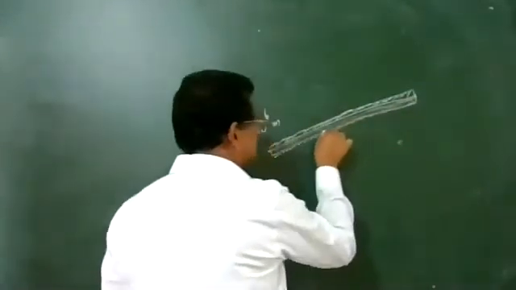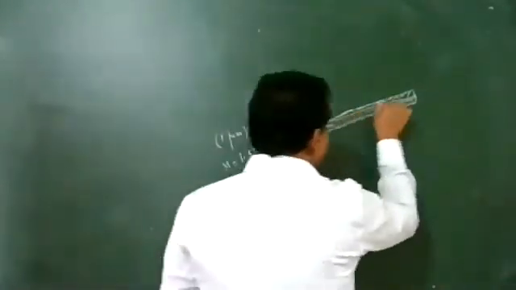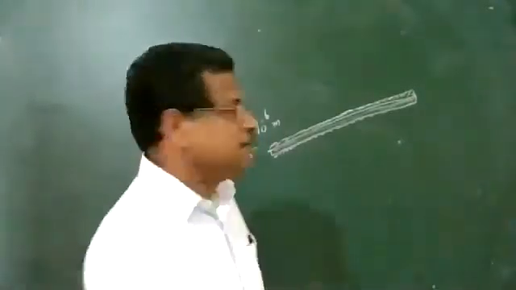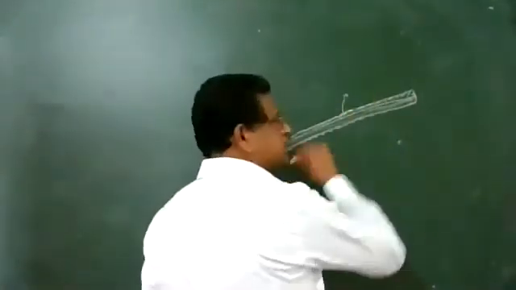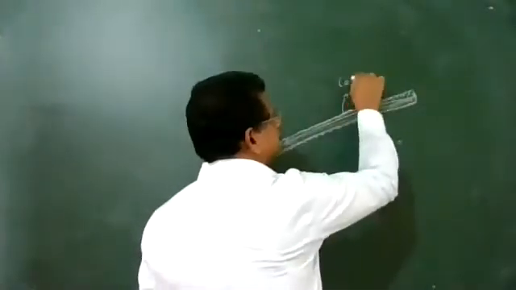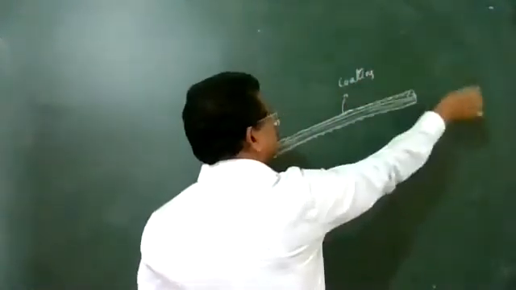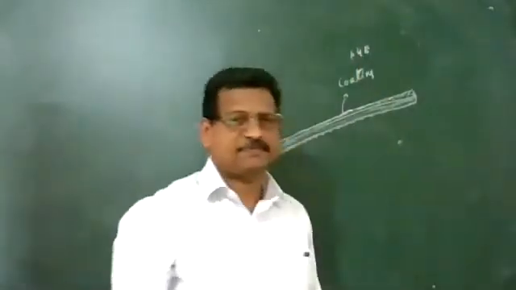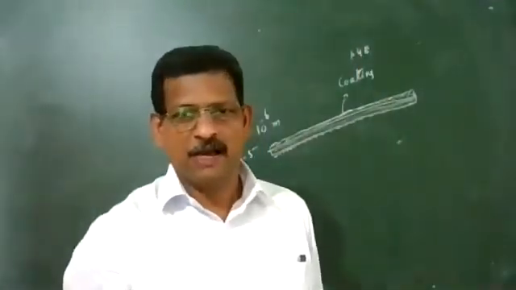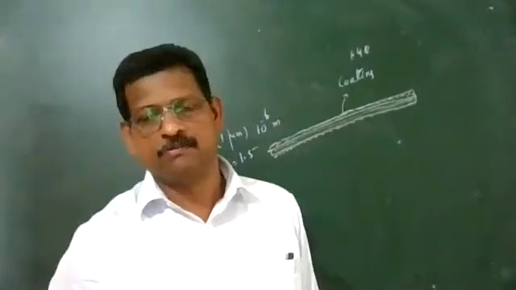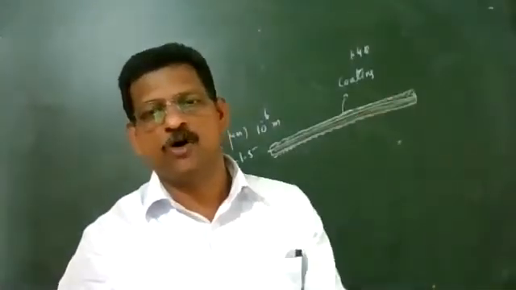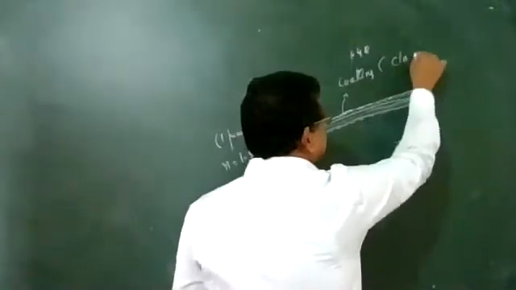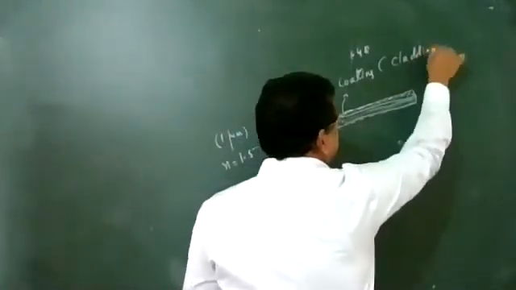The coating part is done with a glass material of low refractive index, and the refractive index of this coating is 1.48, and this coating process is called cladding. Coating process is known as cladding, C-L-A-D-D-I-N-G.